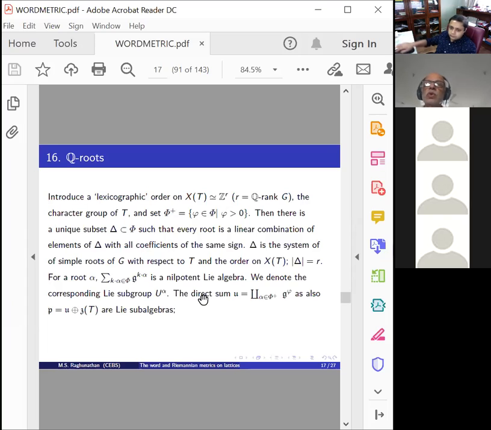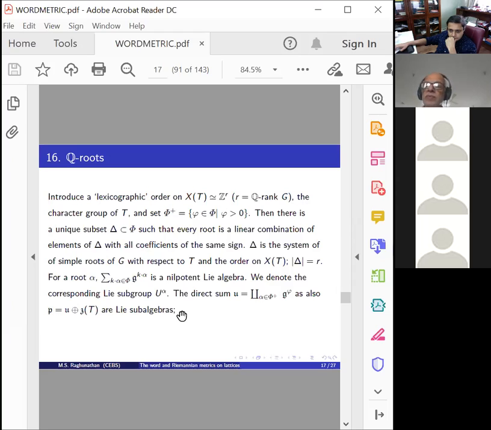The direct sum U of the G phi, over all phi in phi plus, and then adding on to that ZT, the centralizer of T, gives P. This is a Lie subalgebra, as is well known and one can see easily.